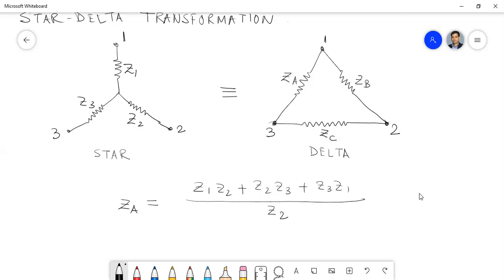In the equivalent star connection, you have to look at what resistances are connected between 1 and 3. Z1 and Z3 are connected directly between 1 and 3, so we don't have to consider those; we have to consider the other resistance which is not connected, and that is Z2, and Z2 will be in the denominator. Got my point?